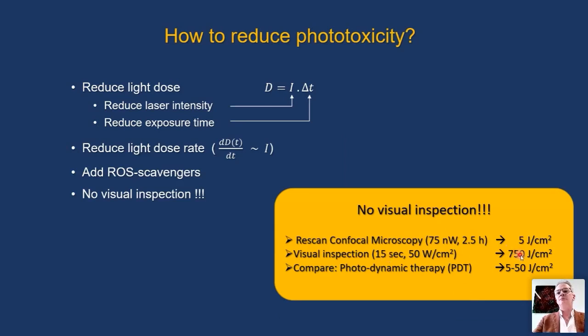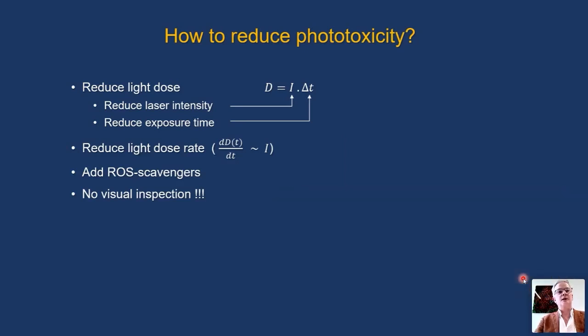Then I immediately kill the cell with 750 joules per square centimeter. If you compare this to photodynamic therapy, where they kill cancer cells with light, there the killing dose is between 5 and 50 joules per square centimeter. So don't look at your cells with your eyes.